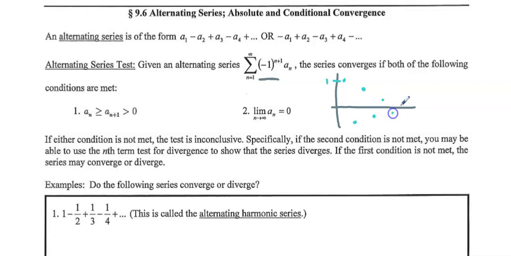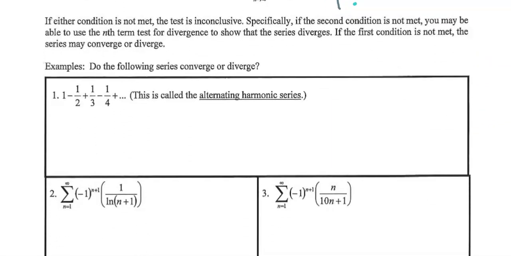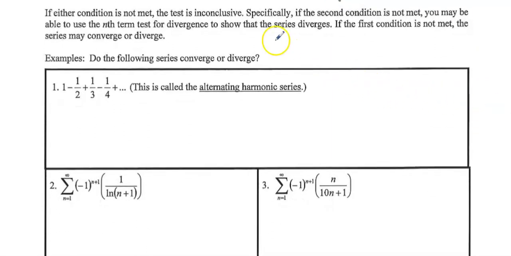As you can see, as we're going further and further to infinity, our numbers are going to get really, really small to the point where they just end up being 0. And so we can say that the series converges. So let's actually look at an example and talk about this. And the one other thing I'll just say really quickly is that if either condition is not met, then the test will be inconclusive. So again, it could be the fact that it's not an alternating series.